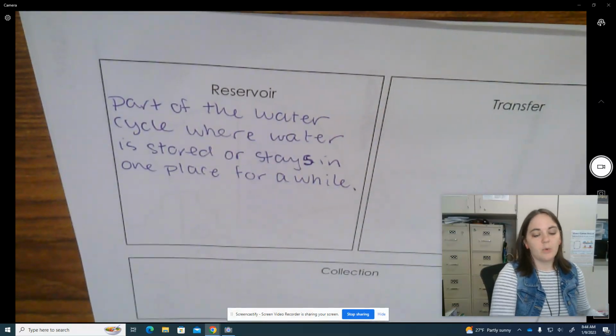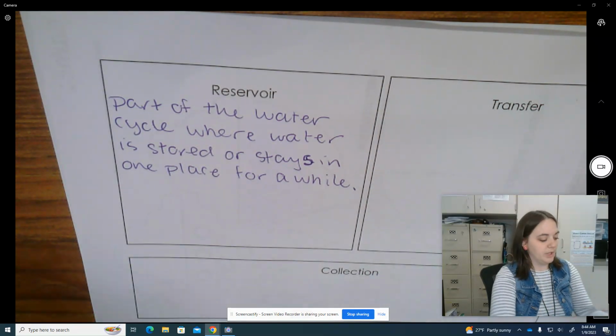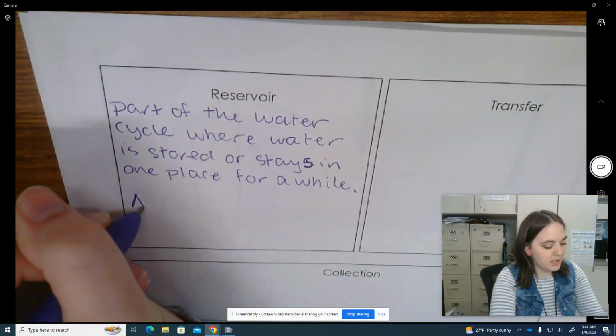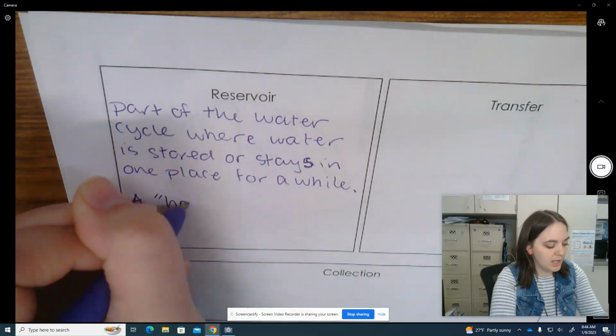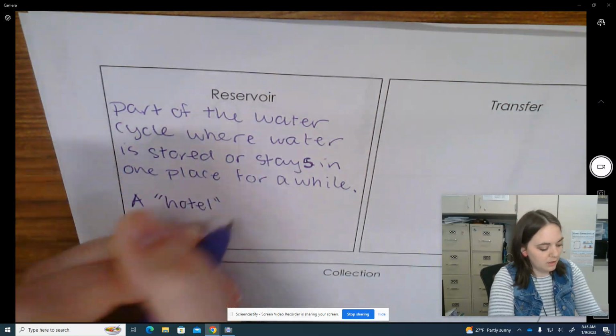So it's a part of the water cycle where water is stored or stays in one place for a while. So this is kind of like a hotel for water.